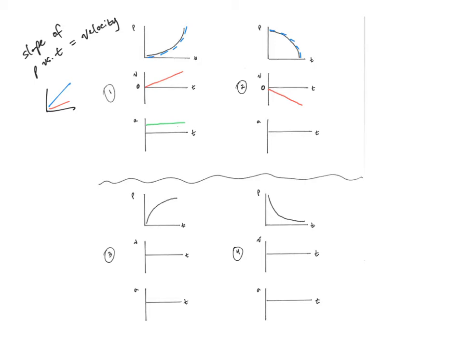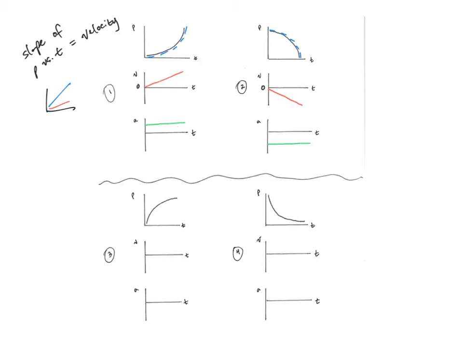Now the acceleration versus time graph, again, the slope of a velocity versus time graph tells us what the acceleration is. So we see a constant negative slope here. That means that our acceleration versus time graph would have to look like this.